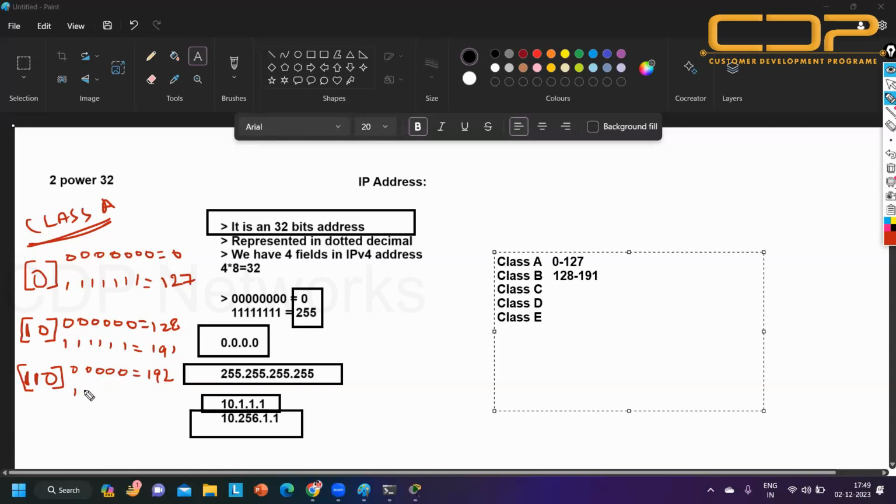And if I set all the remaining bits to 1, the value is 223. So this is the range for class C: 192 to 223.